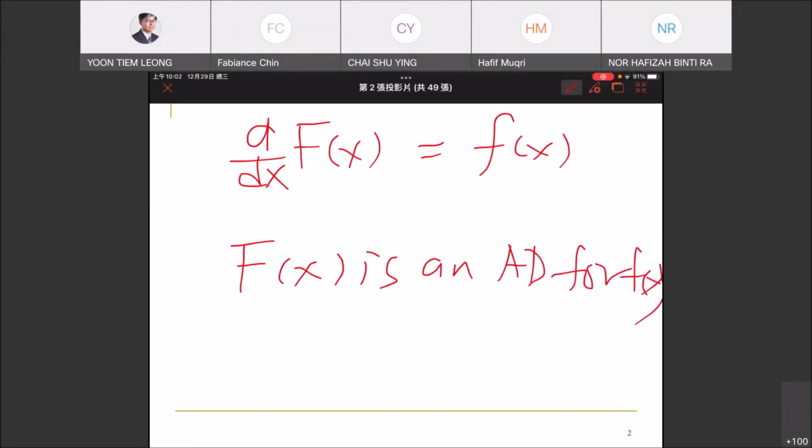Okay, so we have to revise the idea of antiderivative. When you have a function f, this capital function F is said to be the antiderivative to the small function f.